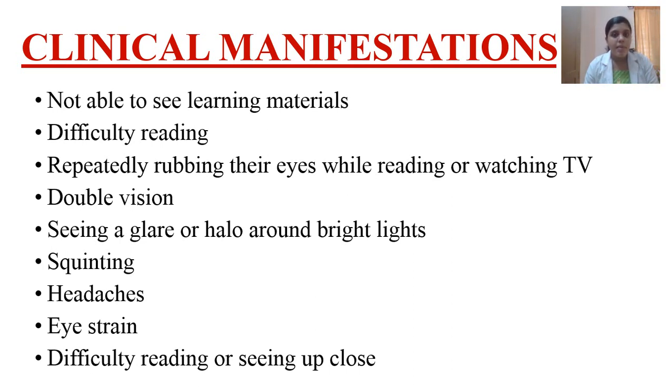Some children have the habit of squinting and complain of headache, eye strain, and difficulty in seeing nearby or far objects. Based upon the type of disease condition, the child may show various clinical manifestations, and may complain of frequent changes in the spectacle prescription.